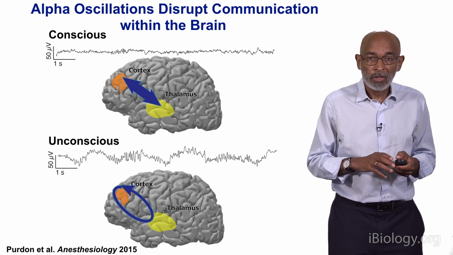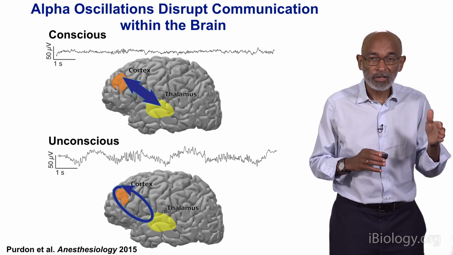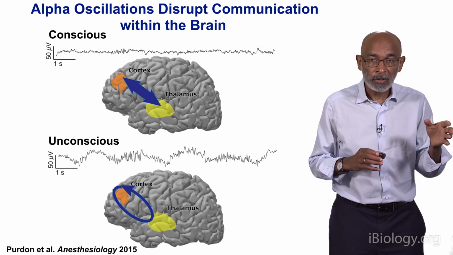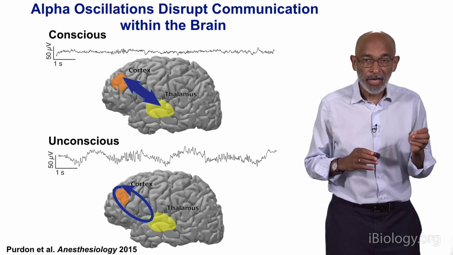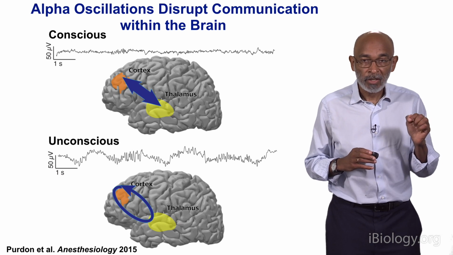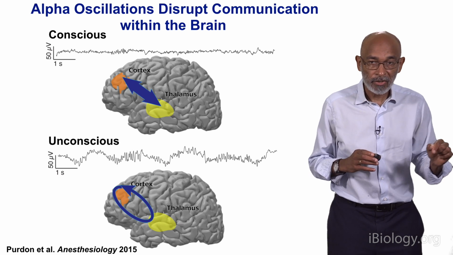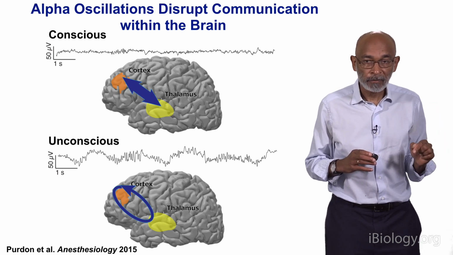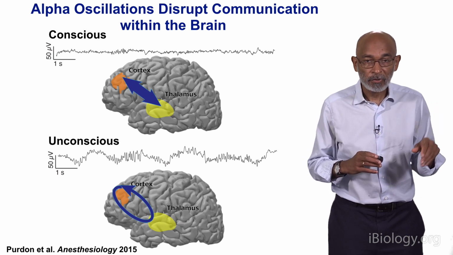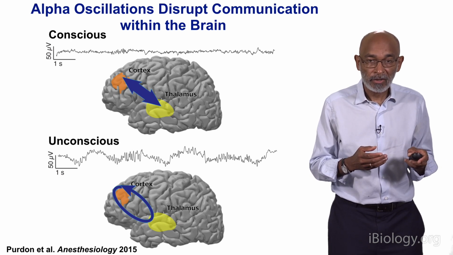Right? So what do we think is happening? When you see the 10 Hz oscillation appear, what our mathematical modeling studies have taught us is that it's most likely an oscillation going back and forth between the thalamus and cortex at about 10 cycles per second. We've now verified that by doing experiments in rodents to show that that's indeed the case.